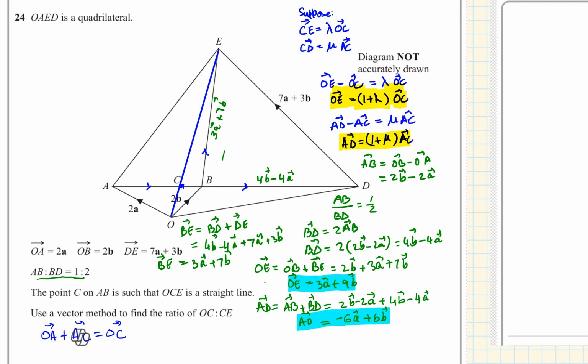So from here I can write, therefore AC is equal to 1 over 1 plus mu AD.